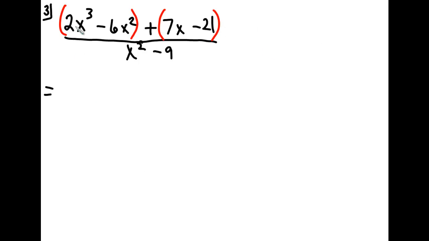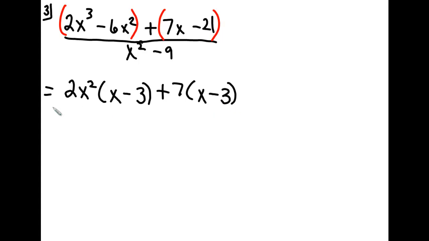I could pull out a 2x squared in the first parentheses. When I divide 2x squared into 2x cubed, there is an x left over. When I divide 2x squared into negative 6x squared, it will go negative 3 times with nothing left over, so x minus 3.